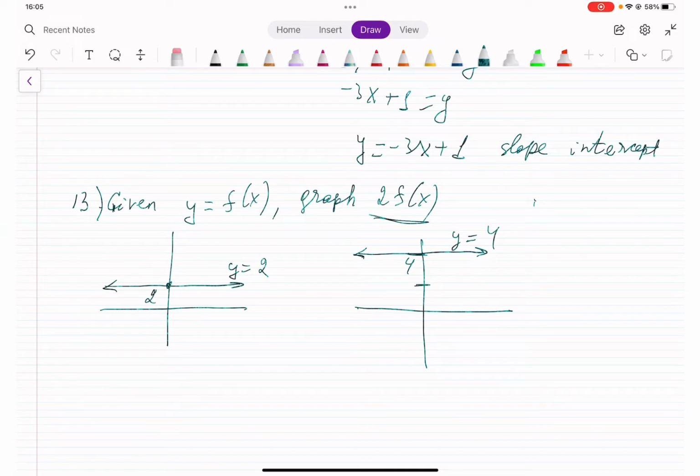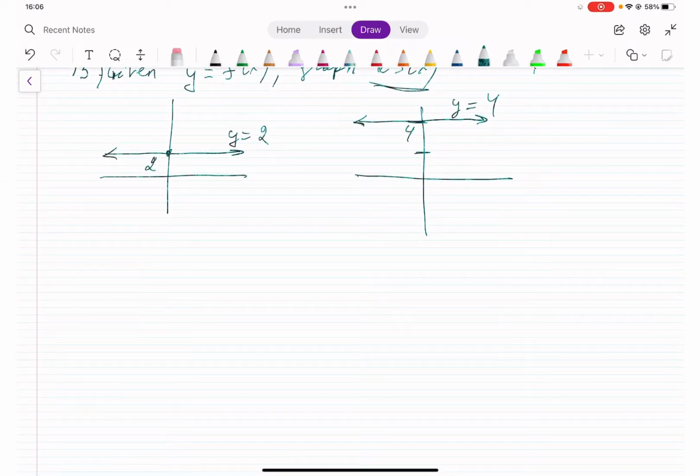Number 14. So we have a point given. Point -2, -6, I'm sorry.